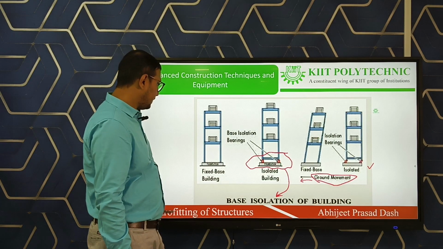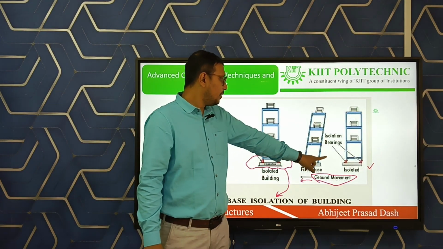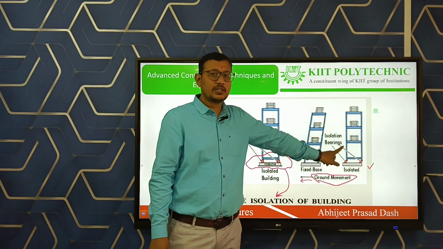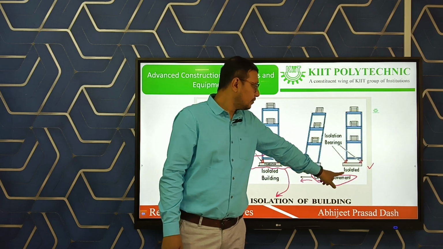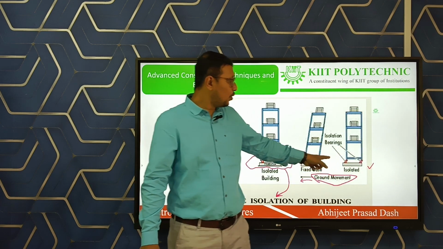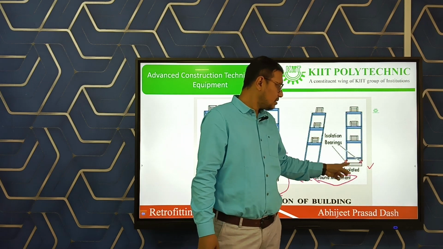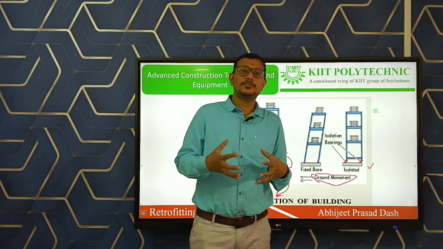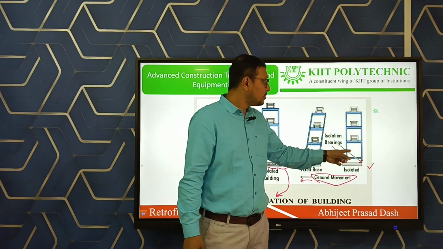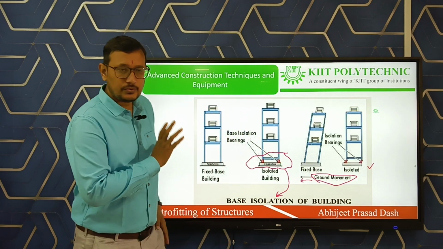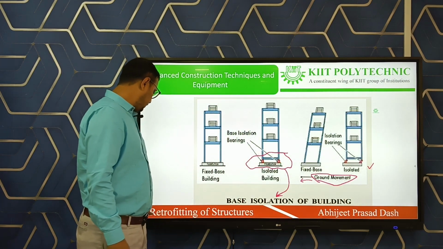Directly impacted. But in the base isolation, the substructure absorbs the ground motion and the superstructure is as usual, with no vibration to the superstructure.